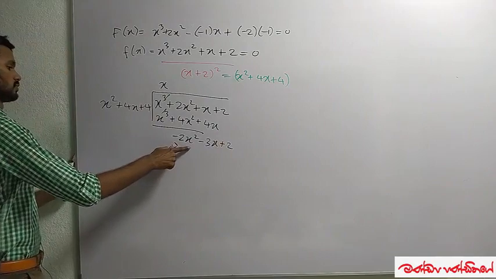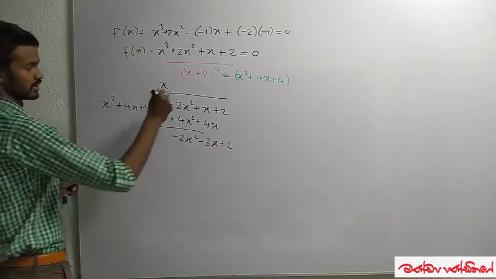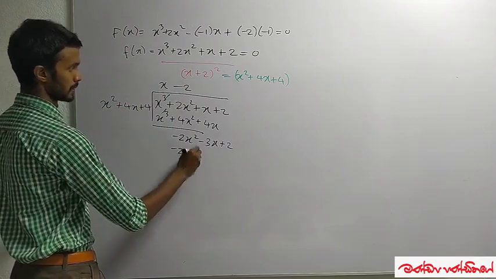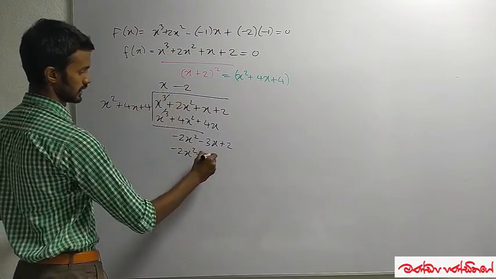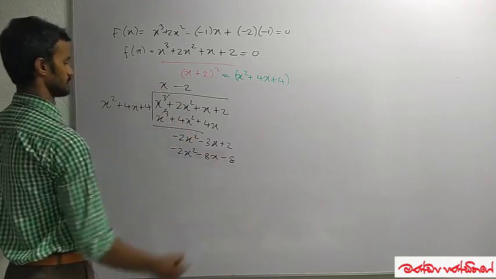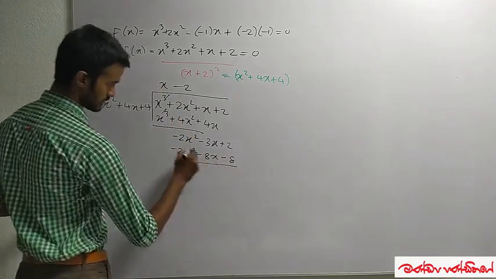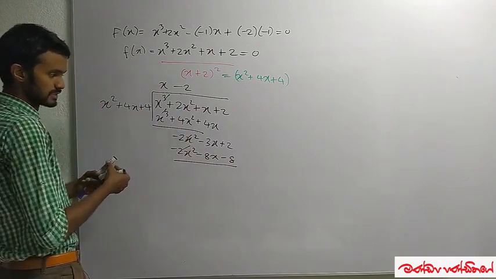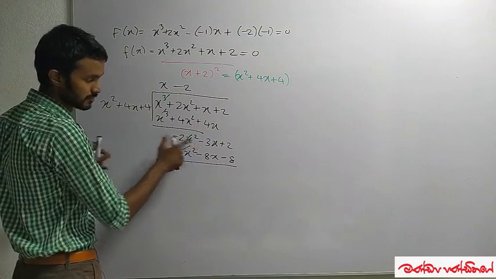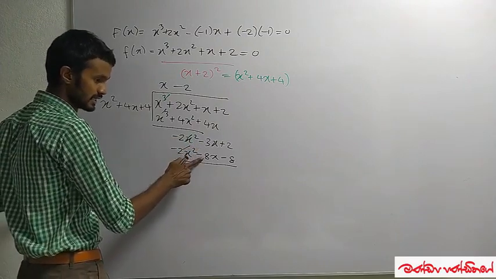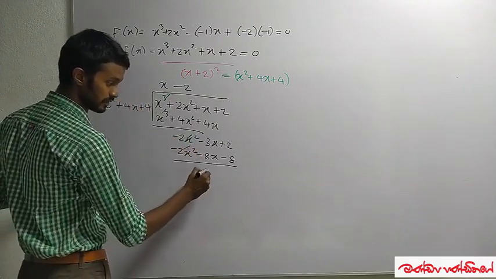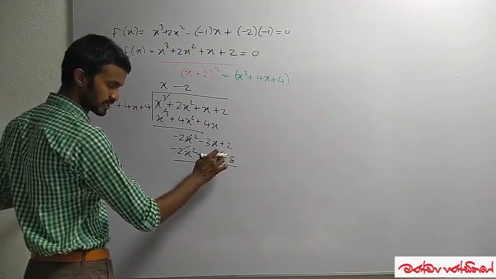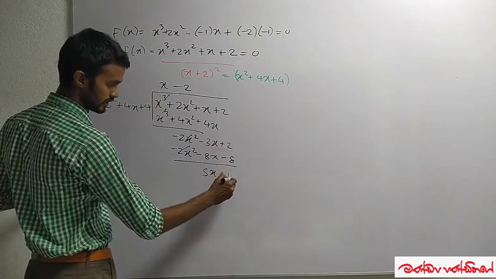Then −2x² divided by x² is −2, and we multiply −2 into x² + 4x + 4, which is −2x² − 8x − 8. These two cancel off. −3x minus (−8x) means plus 8x, and 8x − 3x is 5x, and here I get 2 − (−8), which is 2 + 8, which means 10.